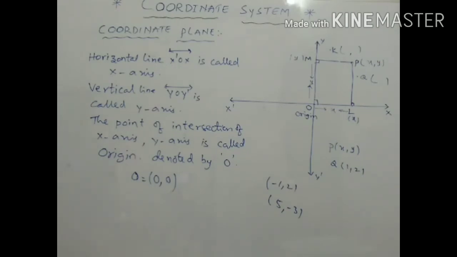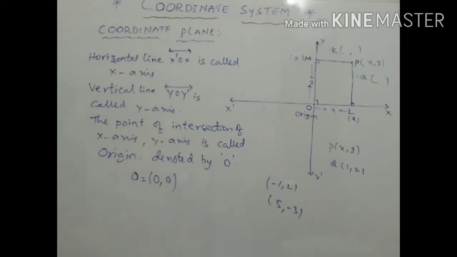Okay. So x-axis and y-axis together we call coordinate axis, and this entire plane is called coordinate plane. Right? Now these two coordinate axes divide the plane into 4 equal parts.